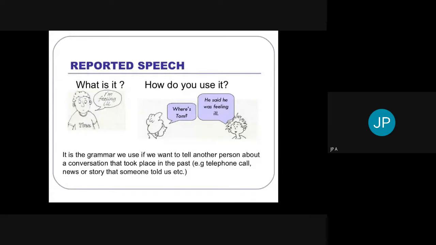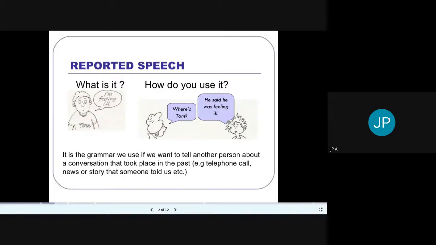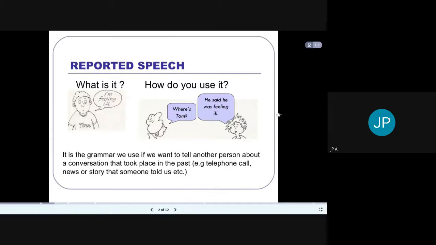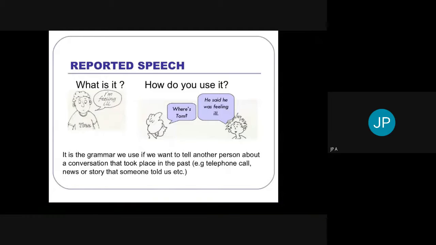For example, there is this boy Tom speaking in this first picture. He says, I am feeling ill. That is directly spoken by Tom. But in the next image, somebody else is asking about Tom, and the person responding says, he said, that is, Tom said, he was feeling ill.